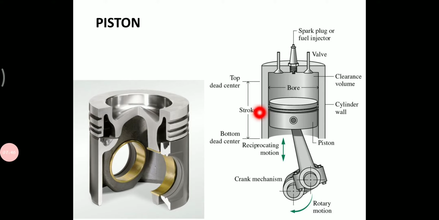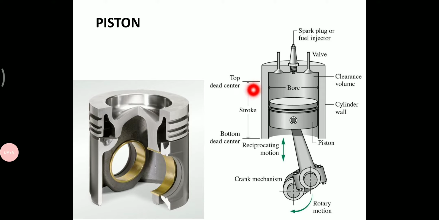In a 4-stroke engine, the piston is moving from top to bottom, bottom to top, top to bottom, and bottom to top. So in order to complete one cycle, the piston is moving 4 times, 4 strokes. That is what we call stroke.